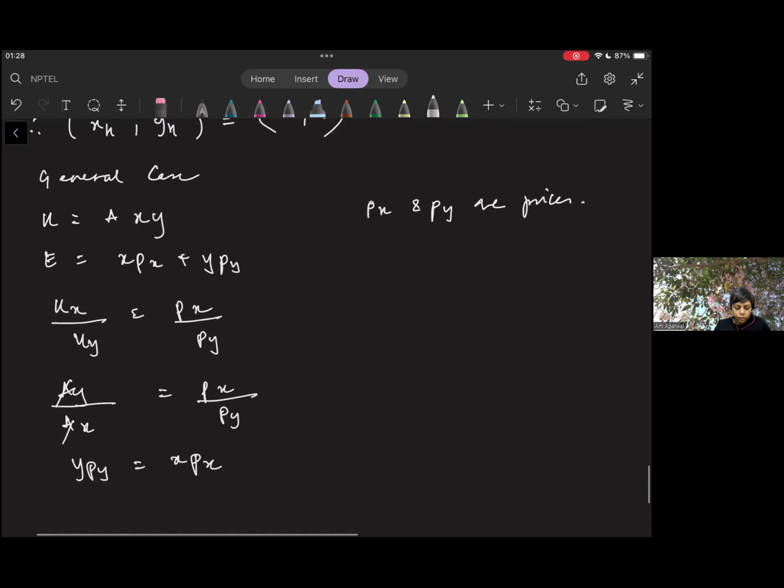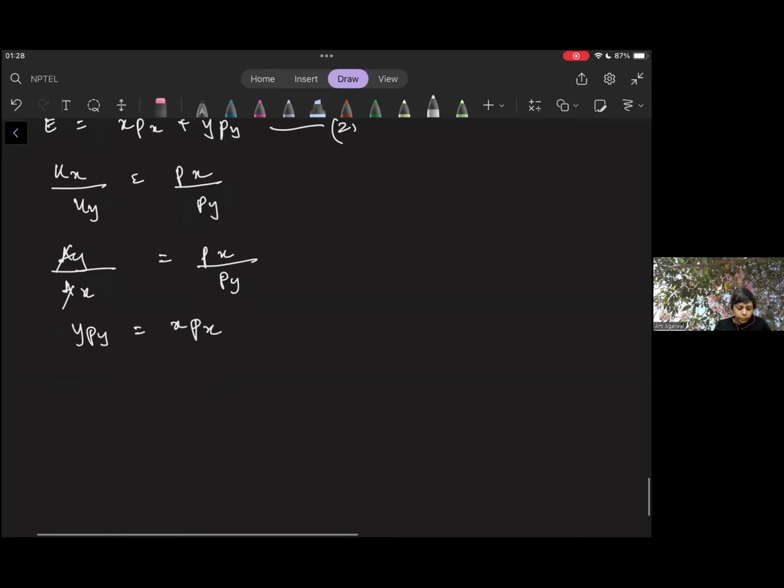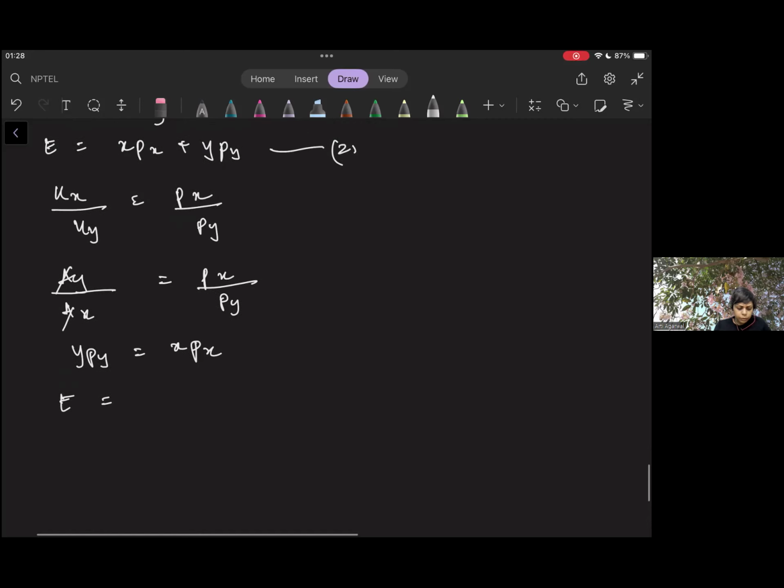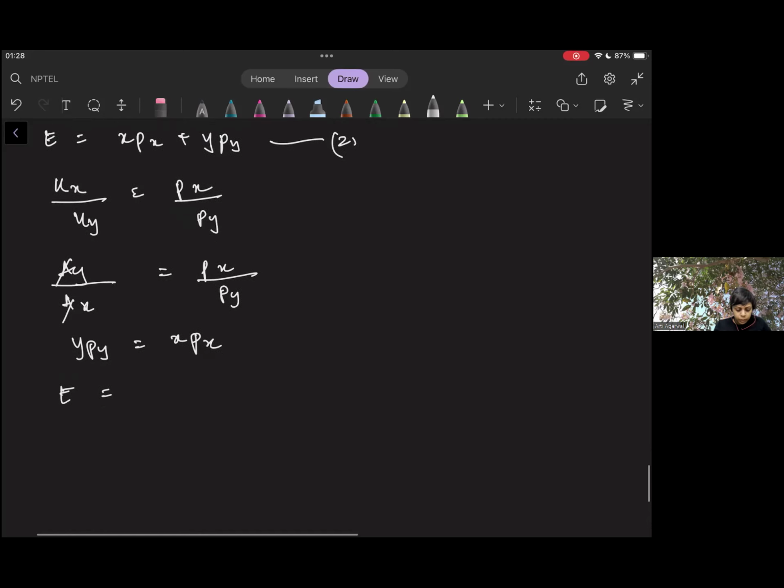Now let's number the equations. Suppose this is equation 1, this is equation 2. Let's plug these values back into the expenditure function. So E is equal to, suppose I substitute for y py, you get x px 2 times. So this is just 2x px.